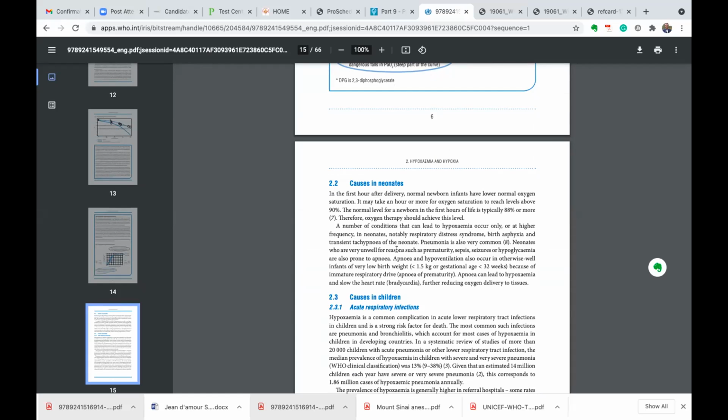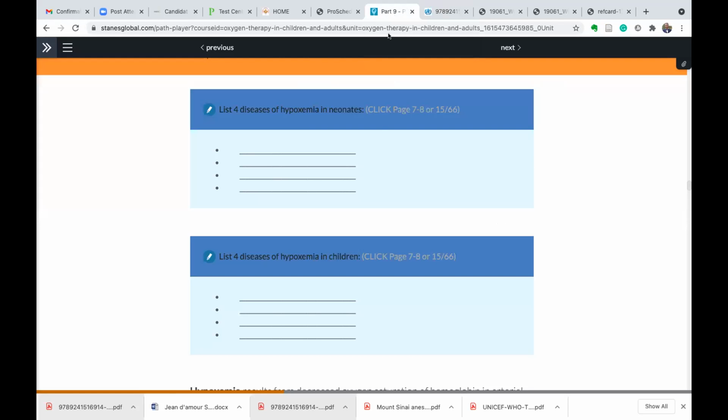Also, some babies are not well because of prematurity, sepsis, seizures, hypoglycemia, and that can lead to apnea as well. Apnea and hypoventilation also can cause hypoxemia. Okay, those are the causes of hypoxemia in neonates.